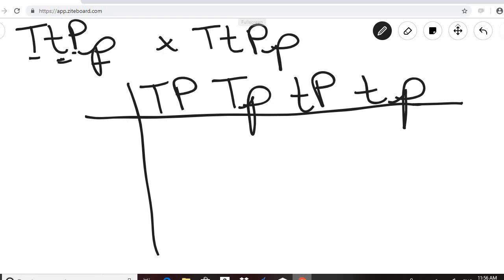So the uppercase T, both the uppercases could go together. The lowercase t could go with the uppercase P. Well, actually, let me do that differently. So the uppercase T could go with the lowercase p.